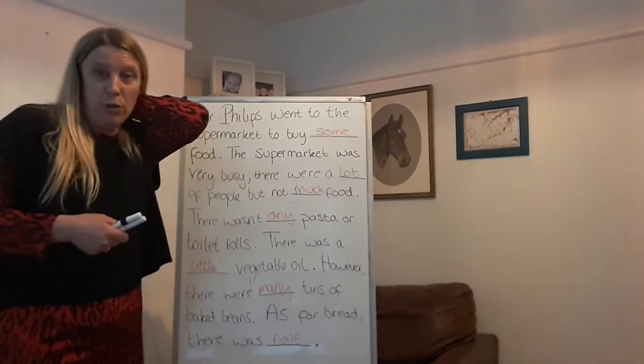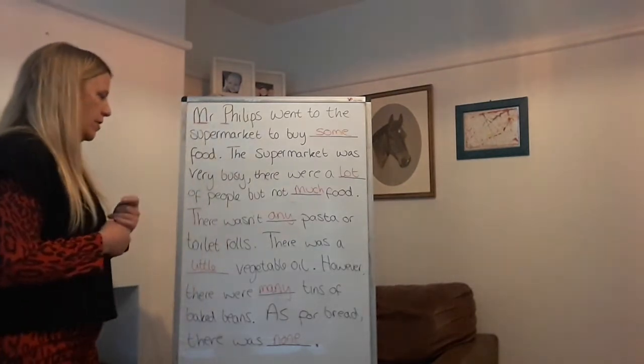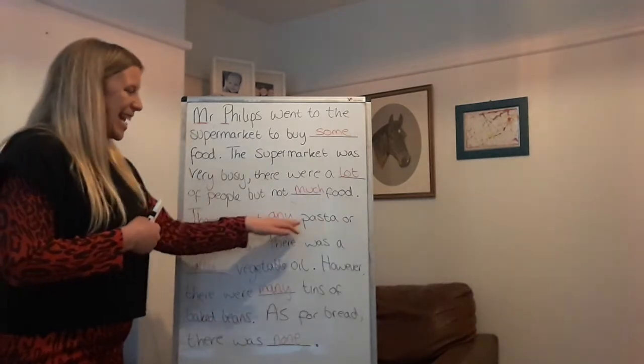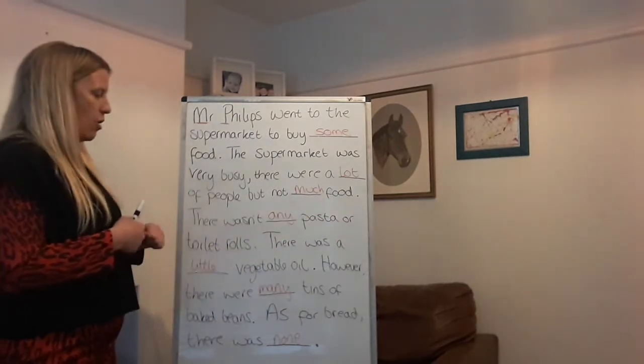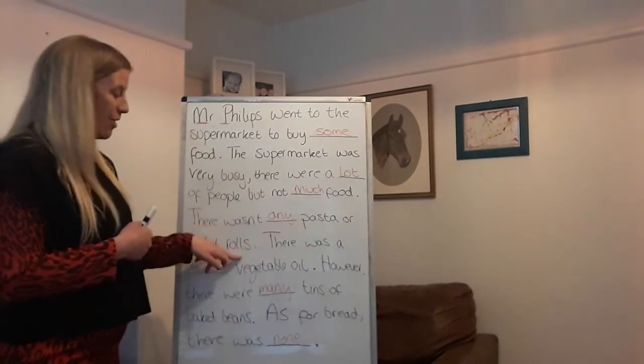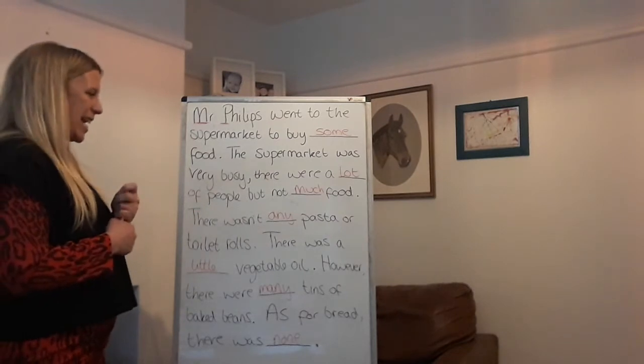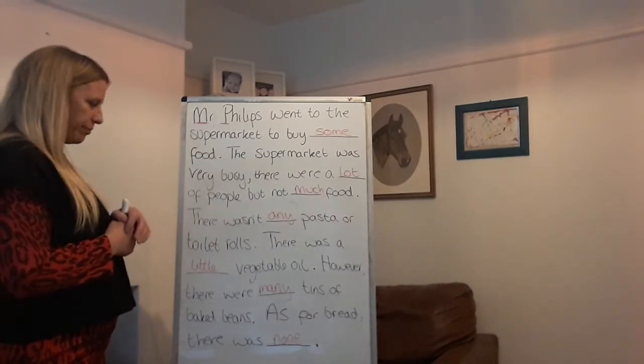Food is uncountable and it's negative, so we can use much, not much food. There wasn't any pasta or toilet rolls. You could say there wasn't much pasta because it's uncountable, but toilet rolls is countable, so we need to use any.